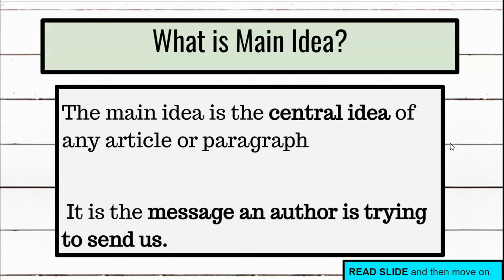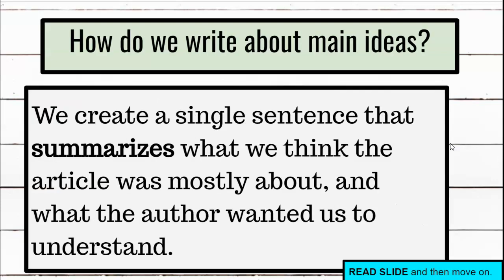So we start with, what is main idea? Well, the main idea is the central idea of your article or your paragraph. It's essentially the message that an author is trying to send us in that text. So how do we write about these main ideas?